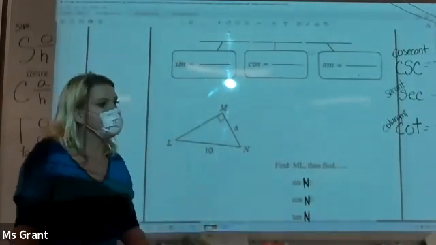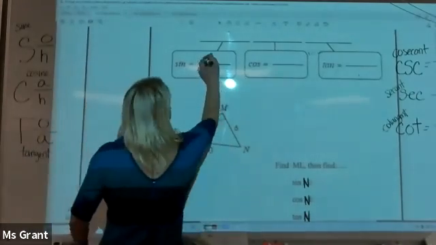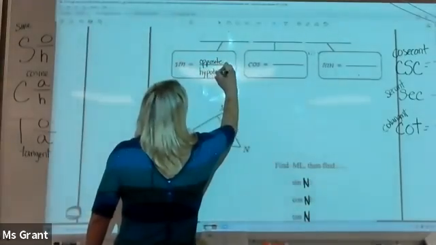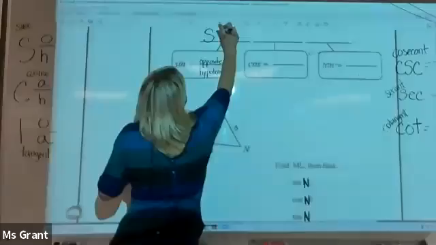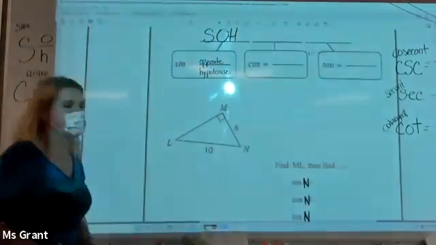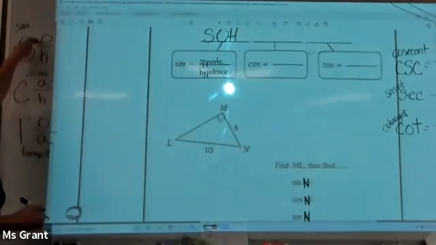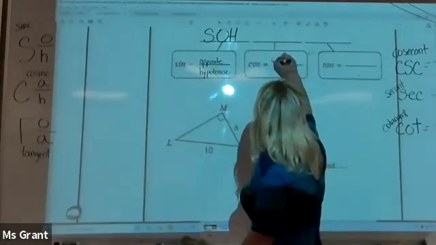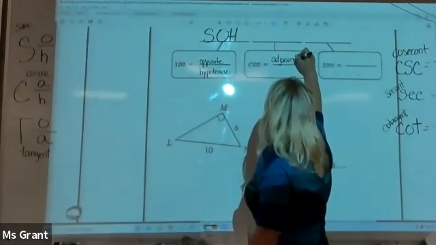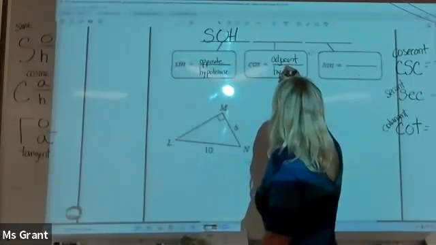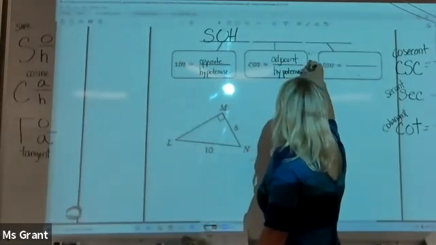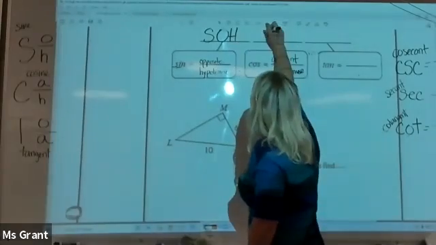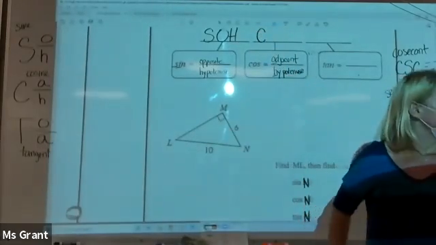Sine. We know sine. It's opposite over hypotenuse. So, sine, opposite over hypotenuse. That's a way to remember it. So, S-O-H, soh. Cosine is adjacent leg over the hypotenuse. Sine has O and H, so cosine is adjacent and the hypotenuse.